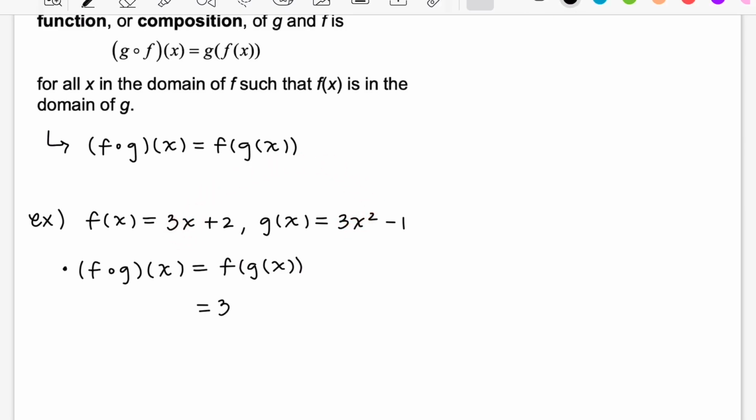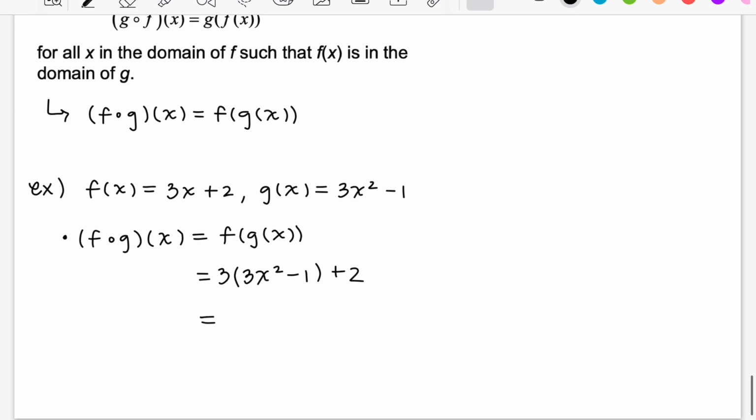So this will be 3 times 3x squared minus 1 plus 2. Okay, because we have a 3x, so this entire thing gets plugged into our x. Distributing that 3, we'll get 9x squared minus 3 plus 2, so we just get 9x squared minus 1.